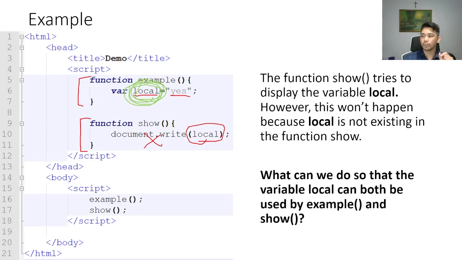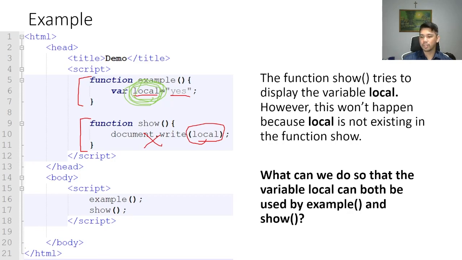However, what we can do to circumvent the problem of local variables not being able to migrate to a different function, the shortest shortcut that I would teach you, is we just use global variables. So how?